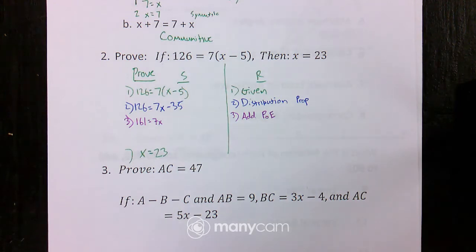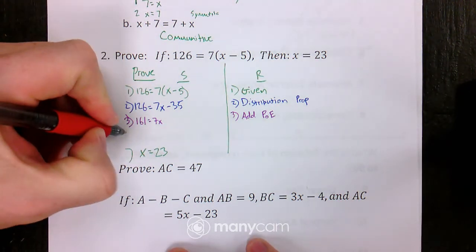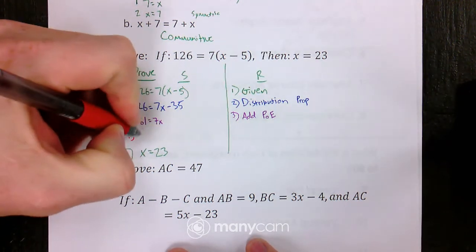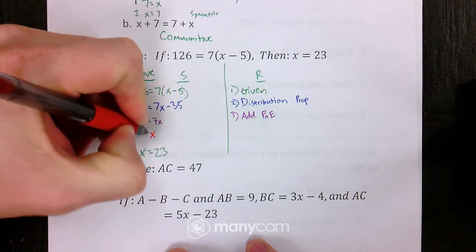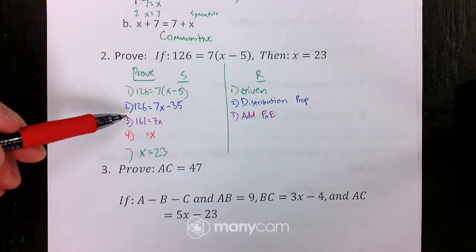Now, what do I do? Anybody want to give me a suggestion? Divide by 7, exactly. I'll use red. Now, even though I'm dividing, who remembers we don't call it that? Yeah, it's actually multiplication because we're actually multiplying by 1 over 7.